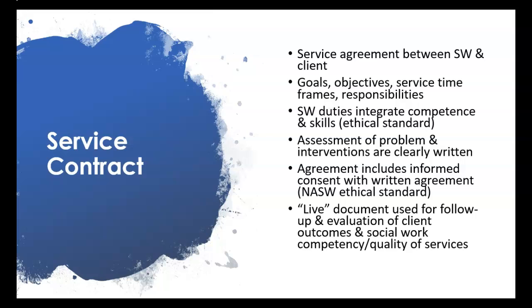Student interns should not be saying, part of the service contract is to deliver cognitive behavioral therapy, and that will be done by me, the intern. That doesn't align up. So you need to make sure when you're outlining the service plan that the interventions are clear and the competency level of the person delivering the intervention is clear.